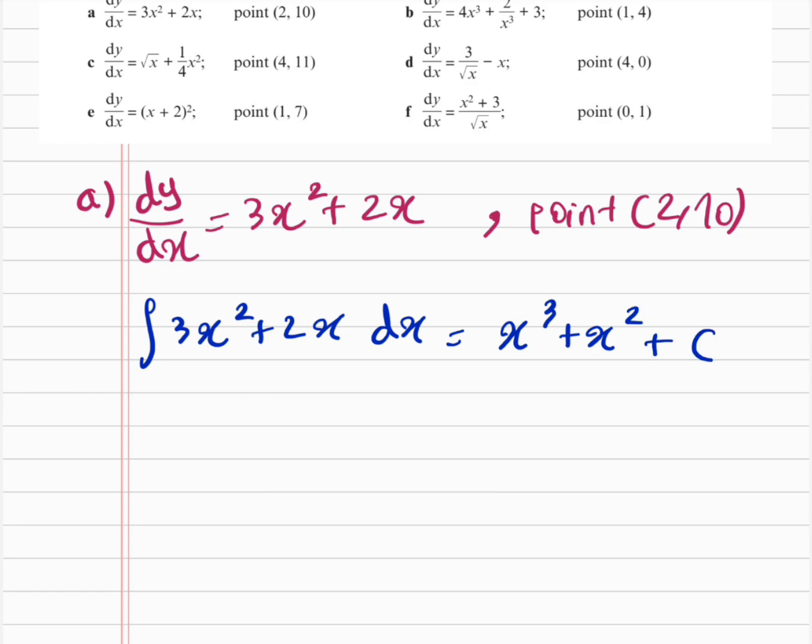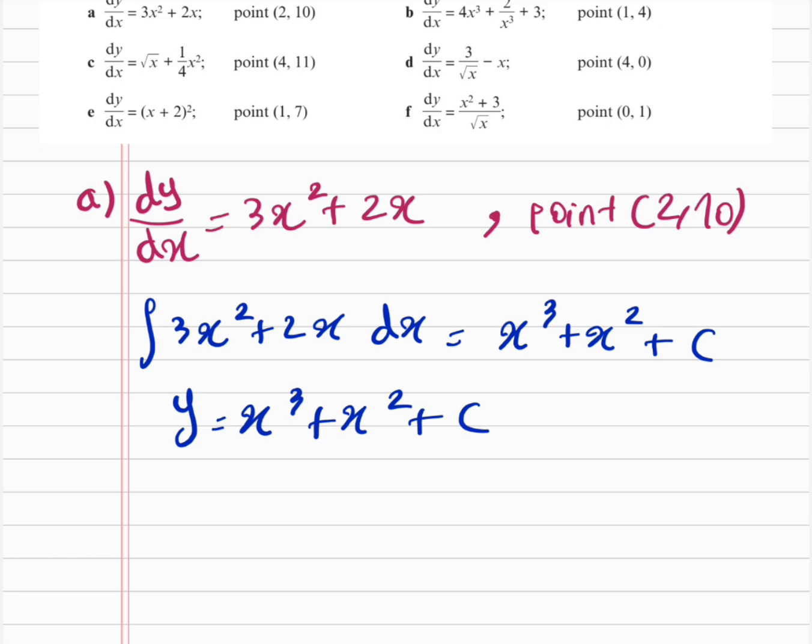So this is the integral. Now, this can be rewritten as y is equal to x cubed plus x squared plus c, because if you look at here, we have dy by dx. So that means the subject of the function is just y, and then that is written in terms of x.